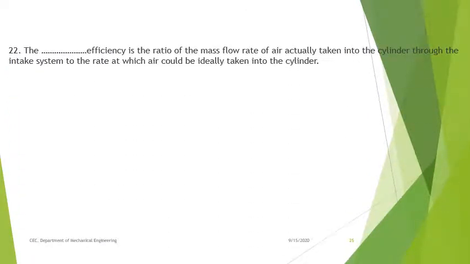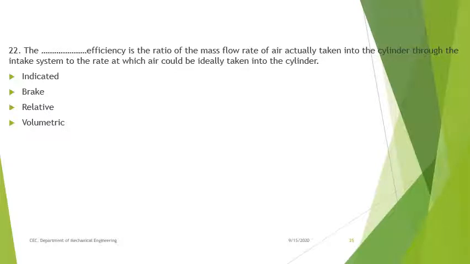The efficiency that is the ratio of the mass flow rate of air actually taken into the cylinder through the intake system to the rate at which air could be ideally taken into the cylinder. That means the amount of air drawn into the engine cylinder during the suction stroke to the actual volume of the engine cylinder is termed as indicated efficiency, brake efficiency, relative efficiency, or volumetric efficiency.